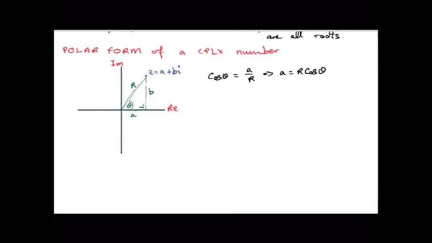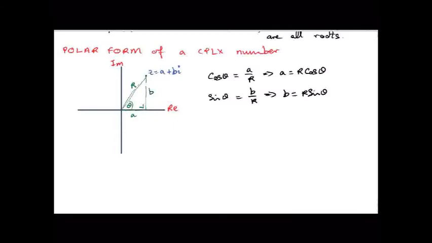Okay, so A equals R cos theta. Now, similarly, I could say that sine of theta equals B over R. And again, if I cross multiply, I'm going to get B equals R sine theta. Is that okay? So B equals R sine theta.